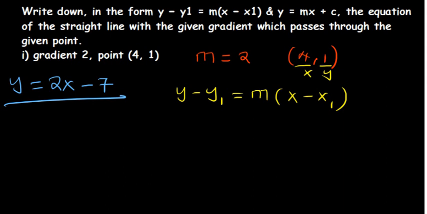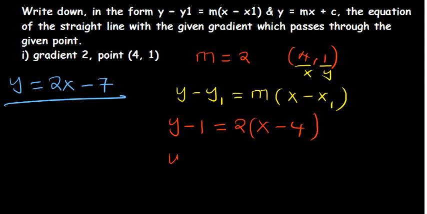You can choose any coordinate of your choice. So in this case, we don't have the choice because we only have a single point. So the value of y is 1, our m is 2, the value of x is 4. Sorry, we don't substitute on the ones without the 1, so it will be x minus 4.